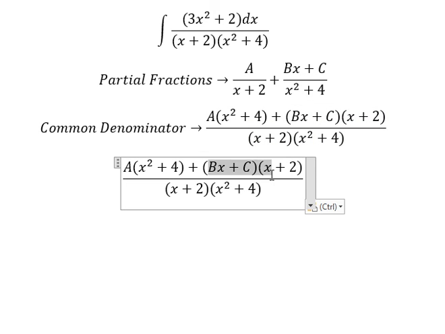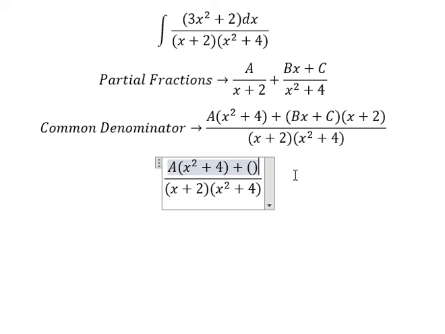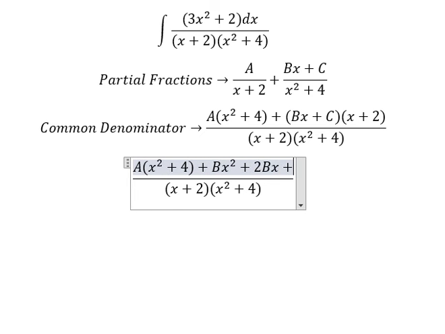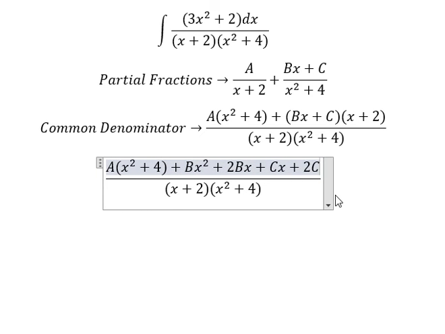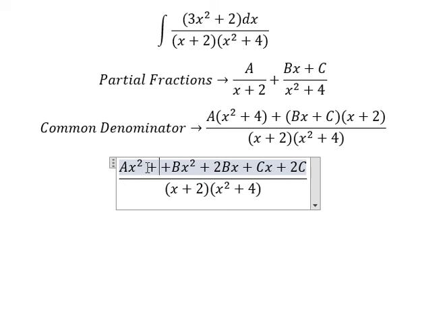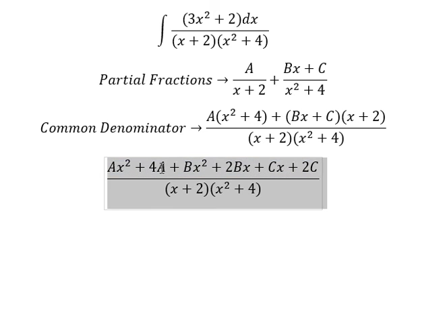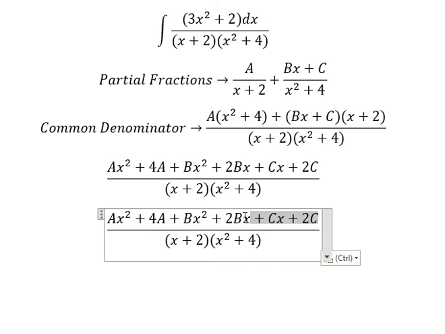And now we need to expand this one, and now we need to arrange based on the terms of s.